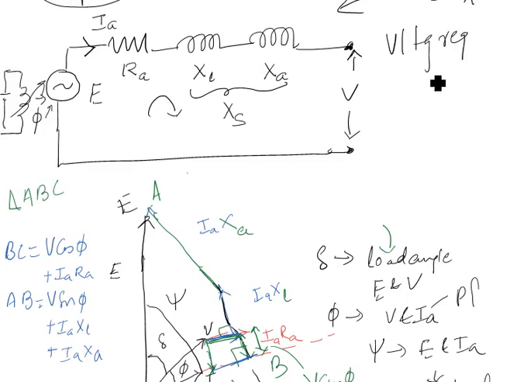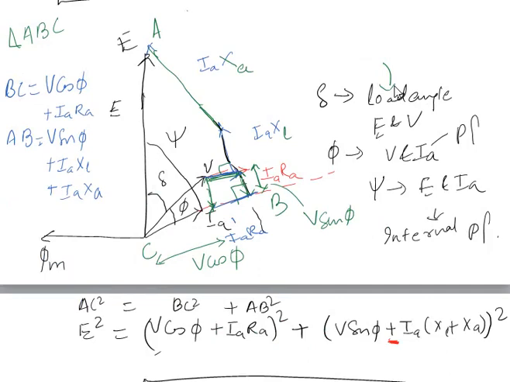What is voltage regulation? It is the magnitude of the difference between E and V, upon V, multiplied by 100 percent. So voltage regulation means the difference between E and V.